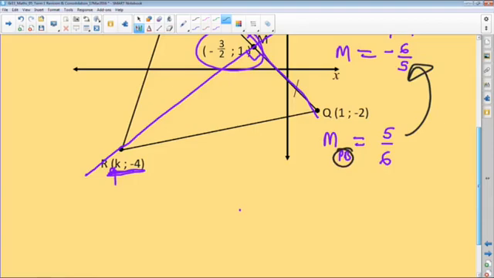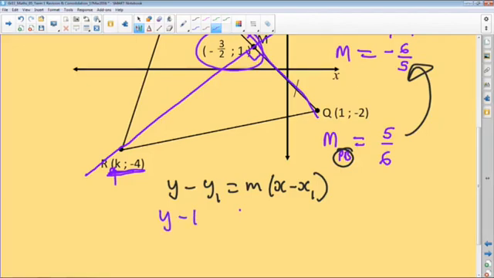And the equation of a line is given by y minus y1 equals m into x minus x1. Now, where are we going to get this x1 and y1, right? So the point that is clear on that line is point M, which is minus 3 over 2 and 1, okay? So you are now going to say y minus 1 equals, your m is 5 over 6, bracket x, your x is minus 3 over 2, so you've got minus minus 3 over 2.